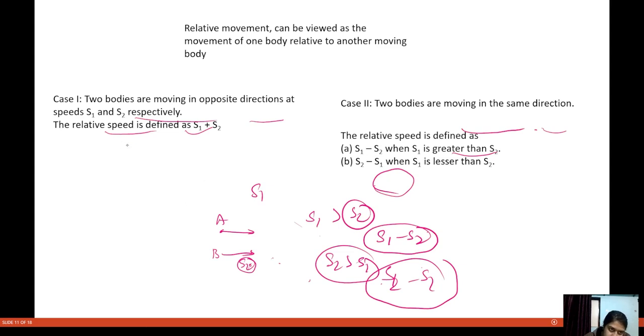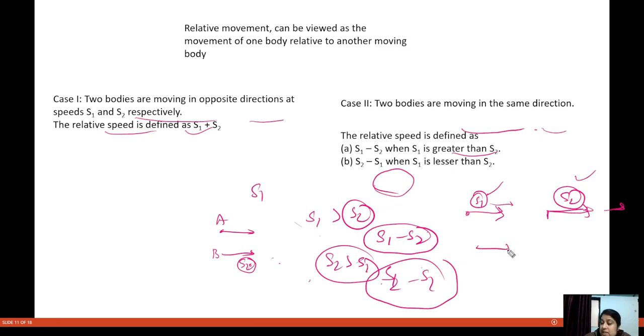There is one more case when two bodies are moving in the same direction. You are moving here with the speed s1 and I am moving here with the speed s2. If my speed is very much greater than your speed, then you will approach me but I will go far.